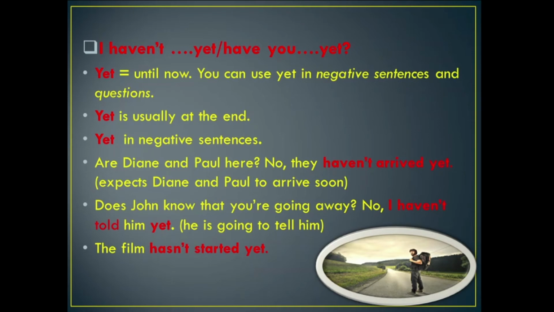So your mother phones the receptionist of the school and asks whether you have reached or not. The receptionist says, no, your daughter or son has not arrived yet. It means you have almost reached school, and maybe within 5 minutes you will be there, but you have not reached yet.